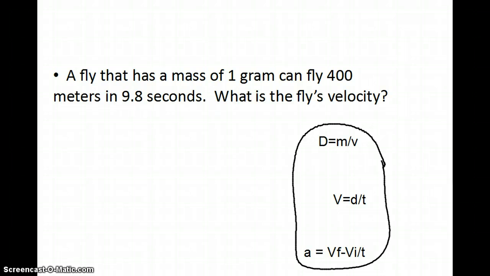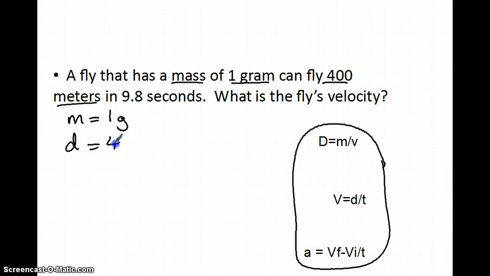So we look at this problem. I see 1 gram here, and it tells me what that is. It says it's a mass, so I'm going to label that as a mass of 1 gram, and can fly 400 meters. And I know that 400 meters is a distance, d equals 400 meters, in 9.8 seconds.